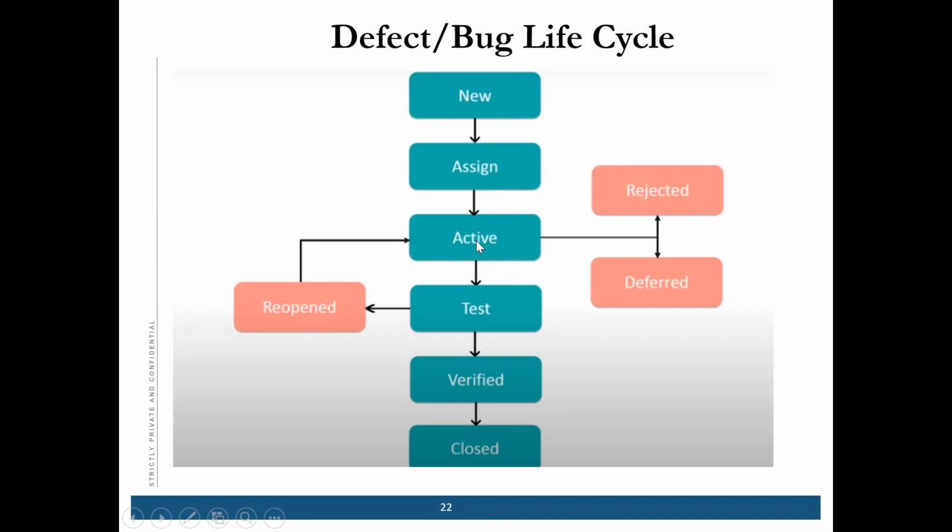This activity is done by the developer, by changing active to test or retest or whatever option is in your tool. Then again the tester comes into the picture and takes this further.